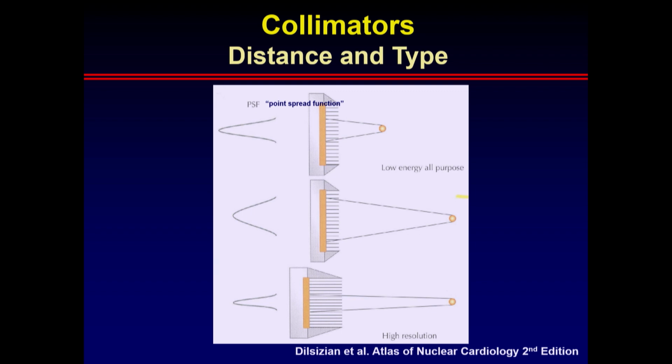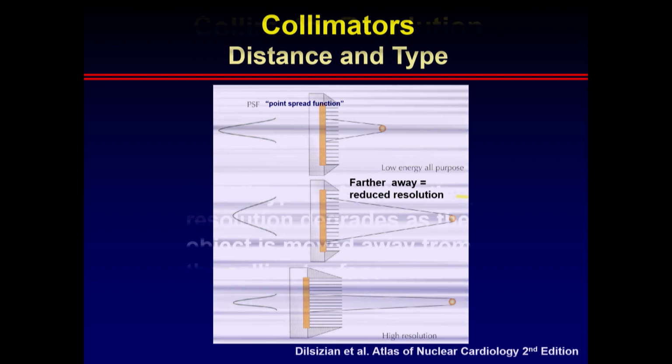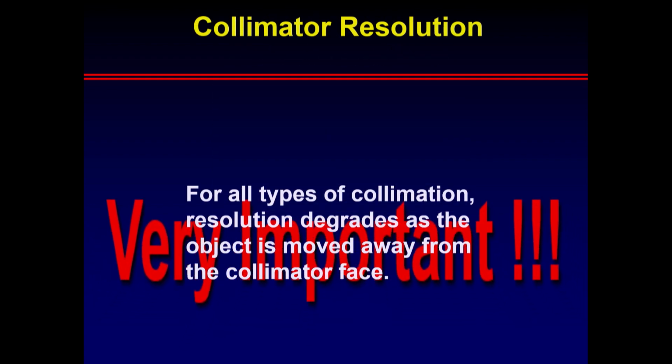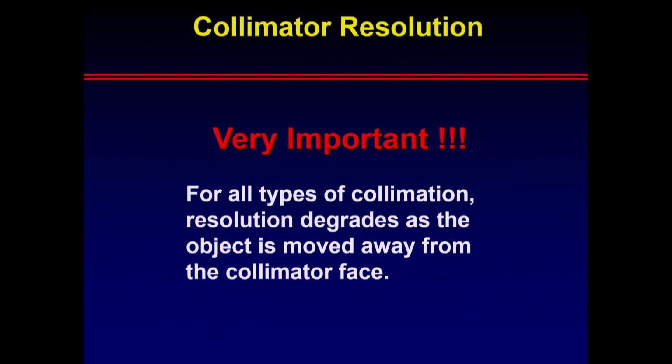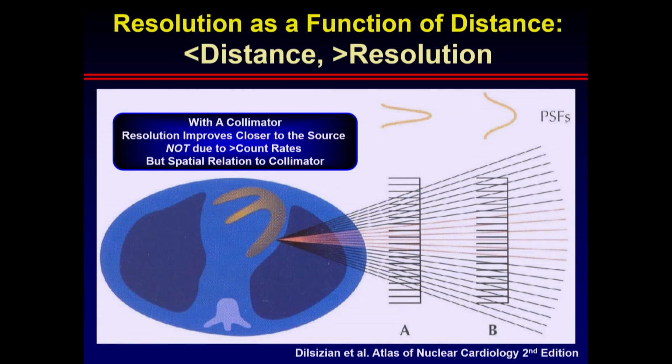So by changing the collimators or the position of the patient, you can improve or lessen your resolution considerably. The further away you are, the more you reduce resolution, but that can be somewhat compensated for by using a very high resolution collimator. So once again, collimation is critical in terms of keeping the patient very close to the collimator surface.